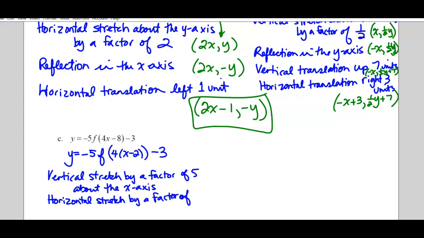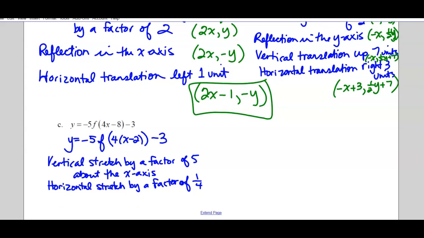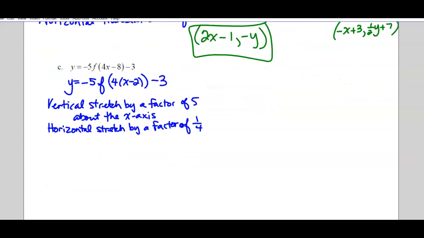Horizontal stretch by a factor of, remember for horizontal, there's no way around it. It's always the reciprocal. Okay, then reflection. So if that negative is with the coefficient of f, it's changing the sign of y, which is a reflection in the x-axis.